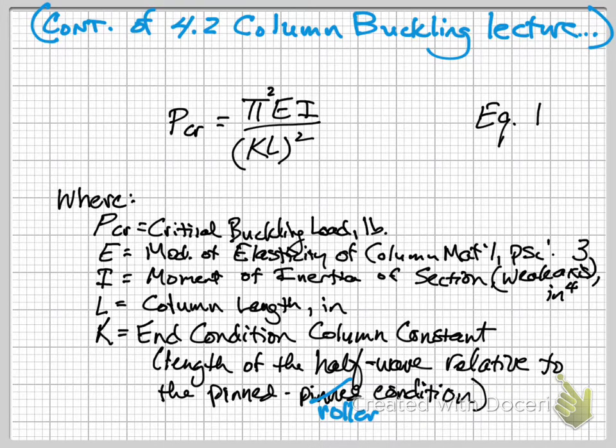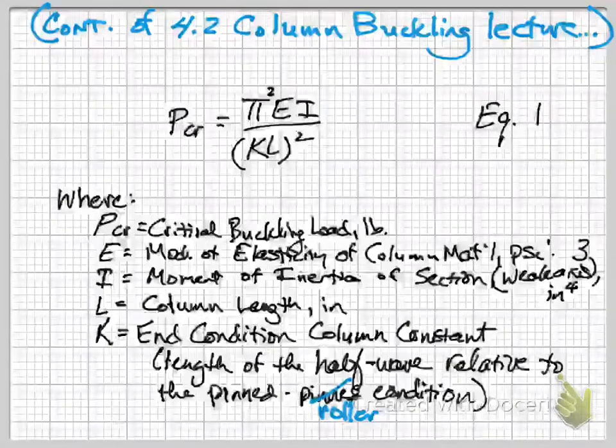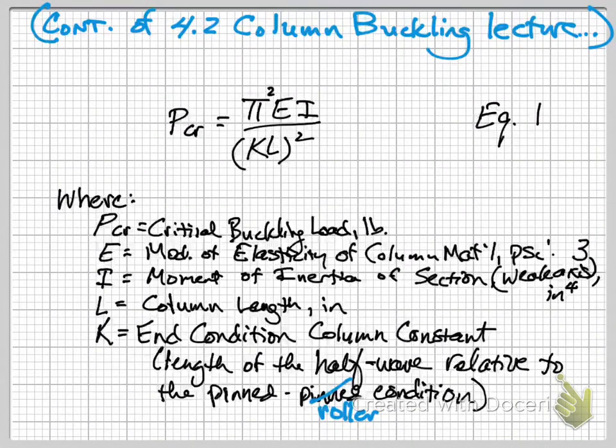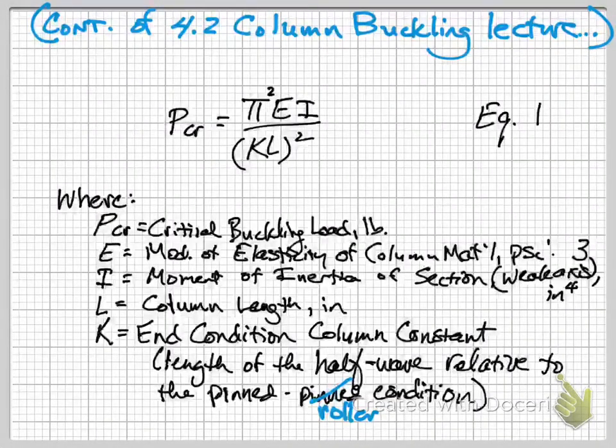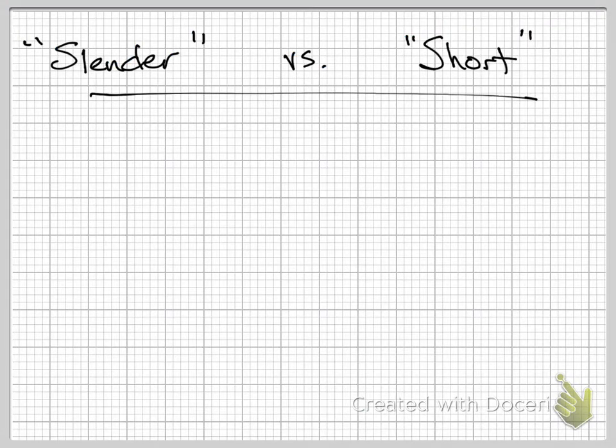Now, Mr. Euler, I should call him Professor Euler, derived this equation for what we would call a slender column. And that means we're going to have to identify different categories of columns based on their behavior, because the Euler buckling equation does not work for all kinds of columns.